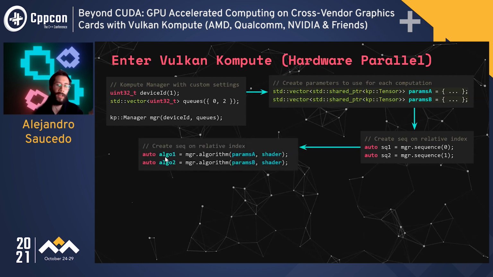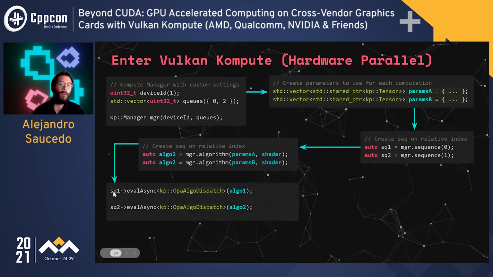We're going to define a bunch of things to run. Again, we're going to just use a set of parameters with a specific piece of code that we want to run. And the way that we're going to run it is we're going to run the dispatch for the first one in an asynchronous way, different to the previous one. In the previous one, we just ran eval. Here, we're running eval async, although, not to overcomplicate things, whenever you're running eval, it always runs eval async and eval await in the background.